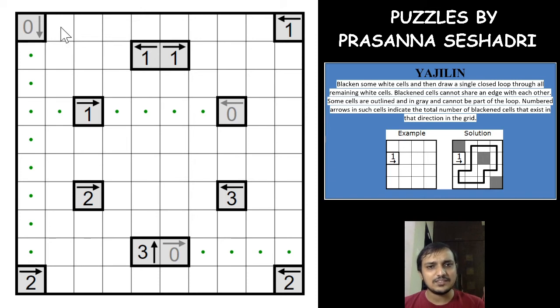Now this cell acts as a corner, and which makes this cell and this cell as unshaded cells, right? Same way for this cell acts as a corner, which makes these 2 cells, and for this cell this cell makes these 2 cells, and for this cell this. So these cells cannot be shaded because you will have a loop stranded in between.